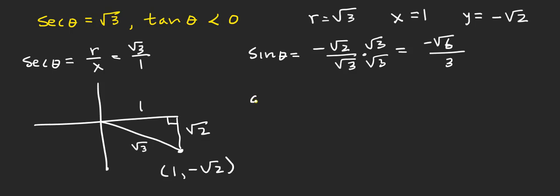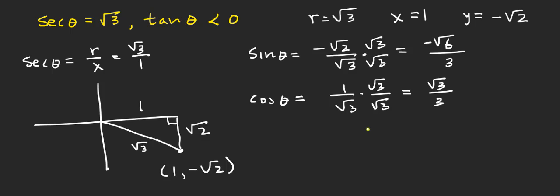What about cosine theta? It's x over r, 1 over radical 3, multiply top and bottom by radical 3. You'll get radical 3 over 3. Now tangent theta is y over x, so negative radical 2 over 1, which is negative radical 2.